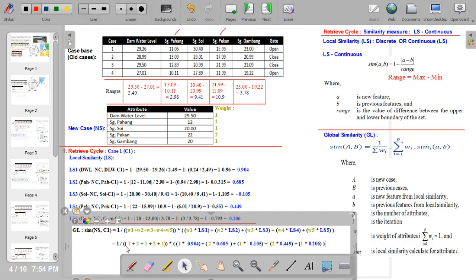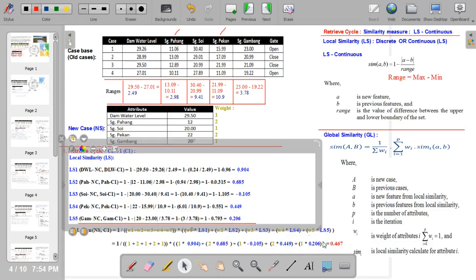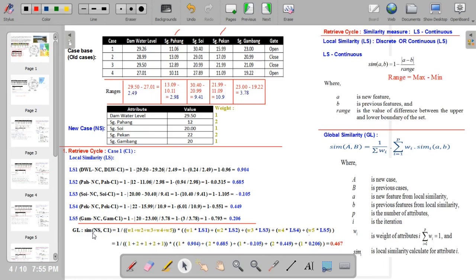So here, after you do this calculation by using the calculator, you will find the similarity is 0.467. So this is the global similarity, meaning that the new case is similar to C1 with a similarity degree of 0.467.